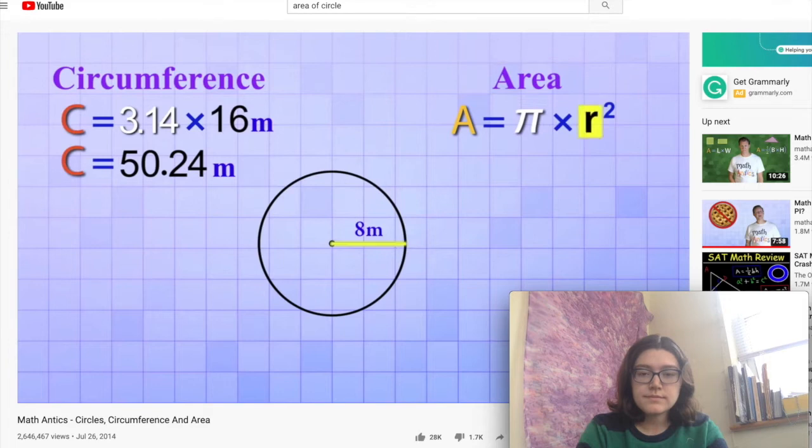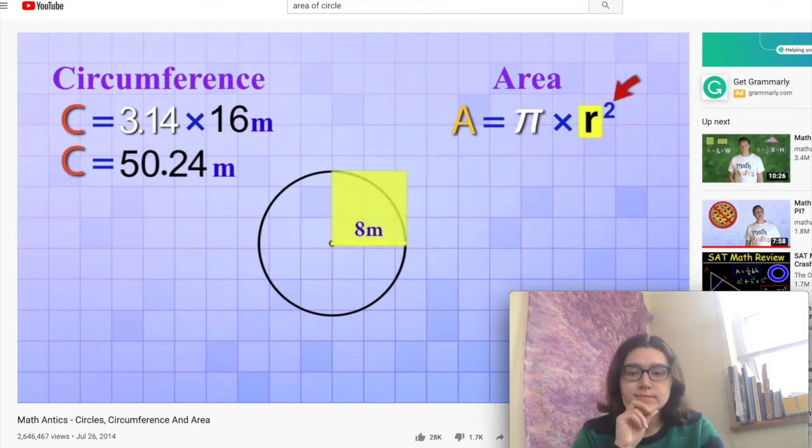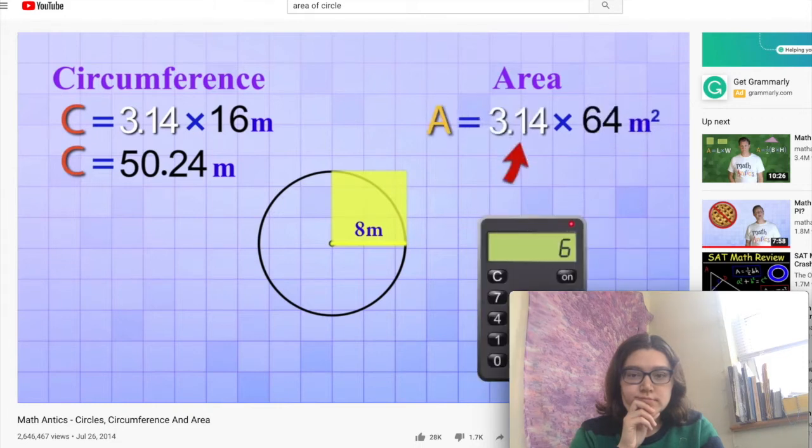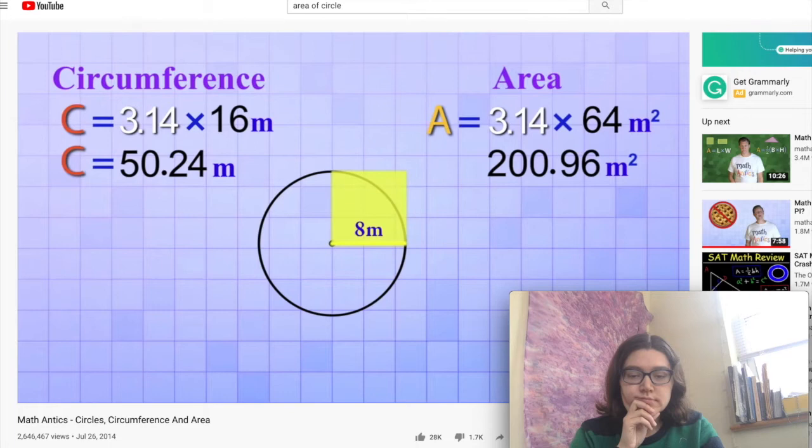Again, we start with the radius, but instead of doubling it, we square it. That means we multiply it by itself. 8 meters times 8 meters equals 64 meters squared. Then we multiply that by pi. 64 times 3.14 equals 200.96 meters squared. That's the area of this circle.